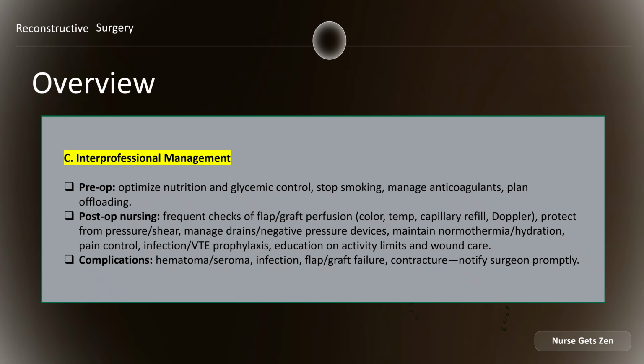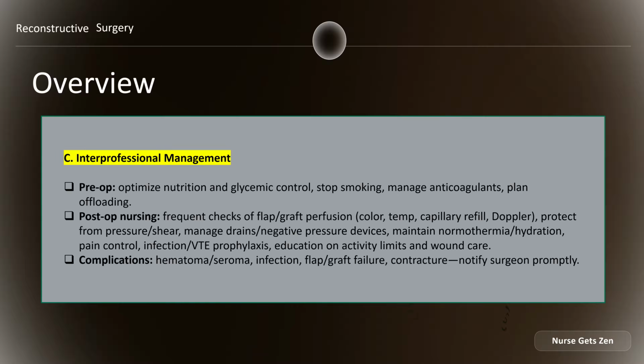Post-op nursing: frequent checks of flap graft perfusion, color, temperature, capillary refill, Doppler, protect from pressure, shear, manage drains, negative pressure devices, maintain normothermia, hydration, pain control, infection. We have complications: hematoma, infection, flap graft failure, and notify the surgeon promptly.